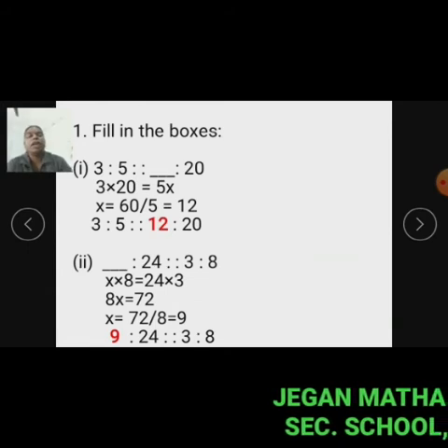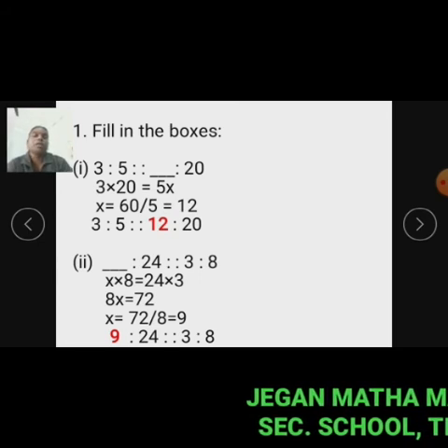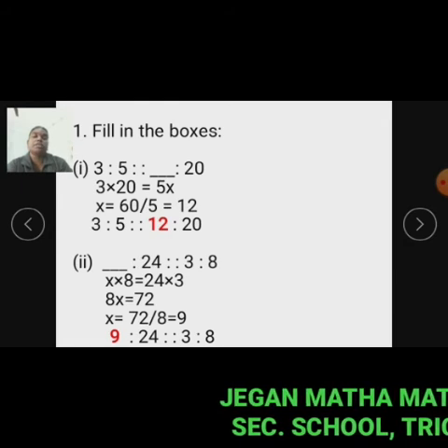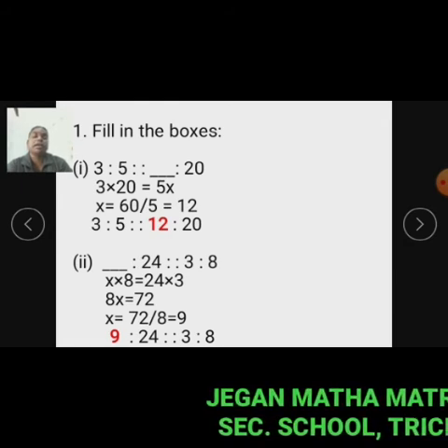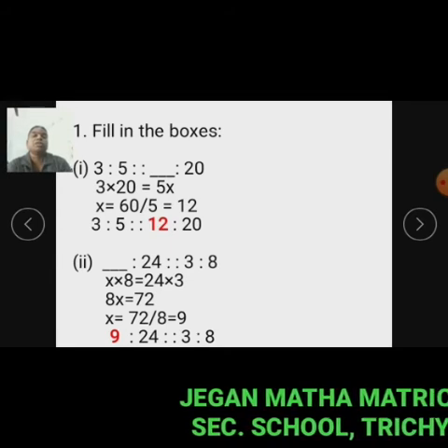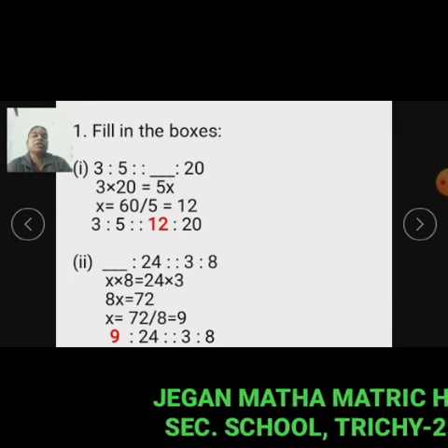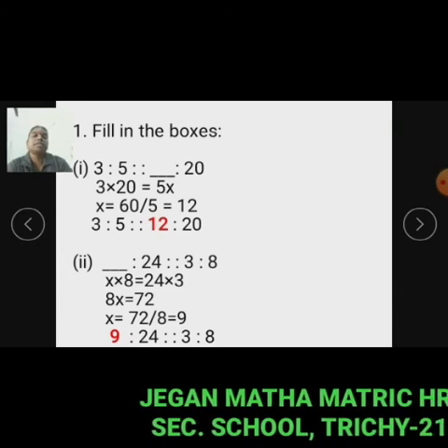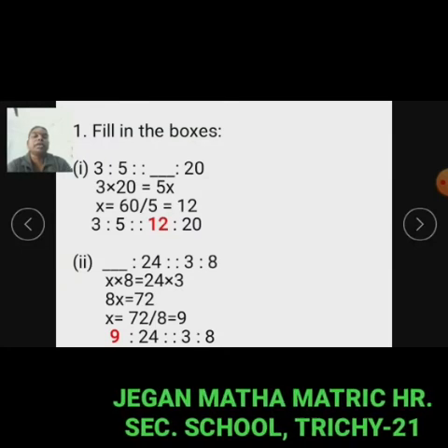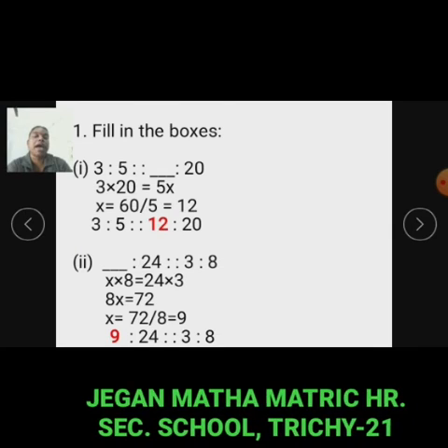The unknown value is taken as x. 3 into 20 equal to 5 into x. 3 and 20 are extremes and 5 and x are means. So 3 into 20 equal to 60 equal to 5x. X equal to 60 by 5 equal to 12. So 3 is to 5 is proportion to 12 is to 20. The answer is 12.